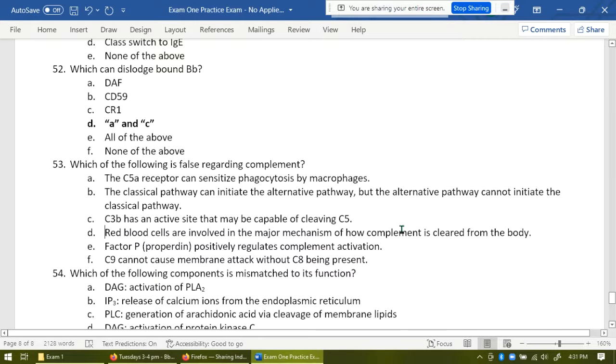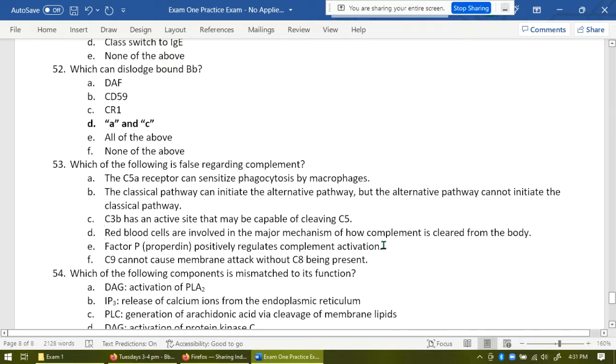Red blood cells are involved in the major mechanism of how complement is cleared from the body. That is not false. So that's called immune adherence, and they use the CR1 to do that. There's a slide in the complement slideshow on that. Factor P properidin positively regulates complement. That's true.